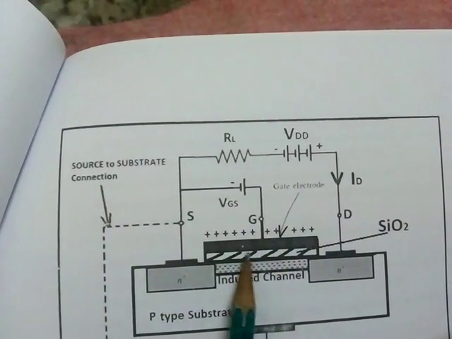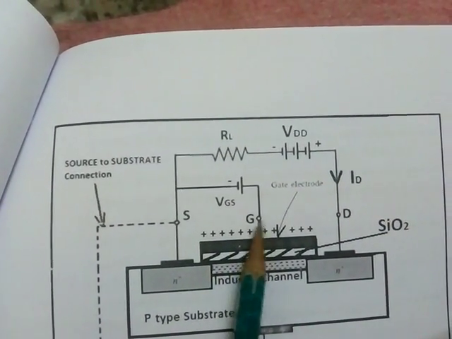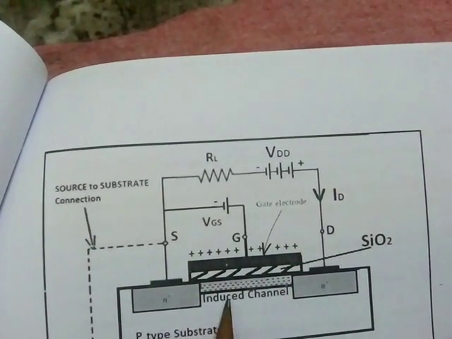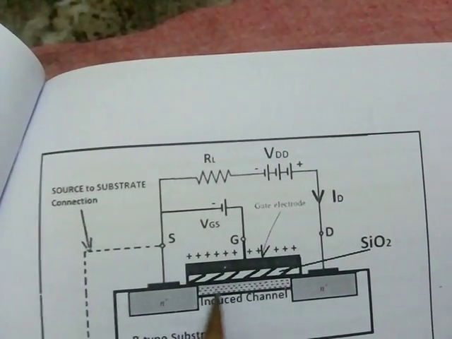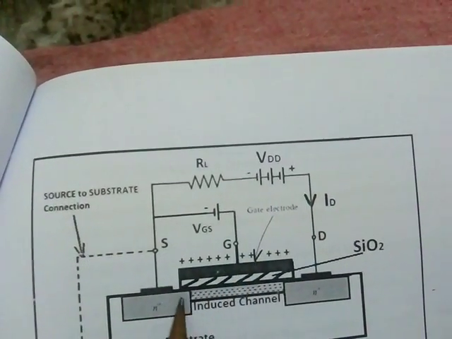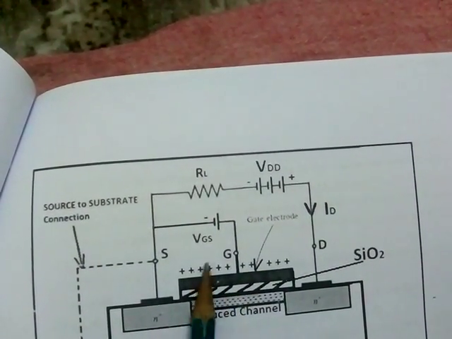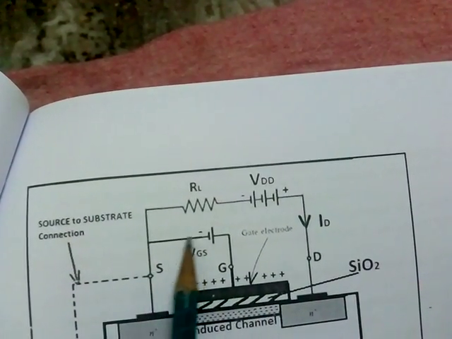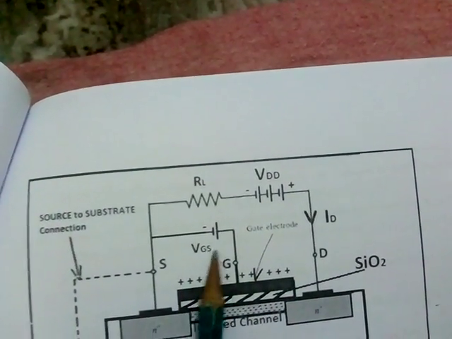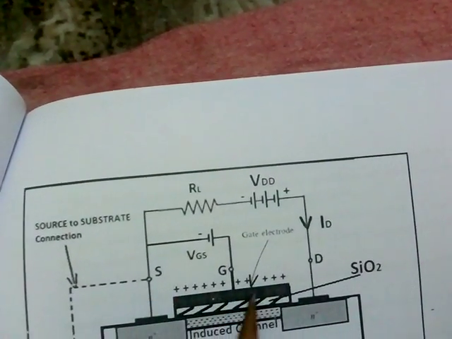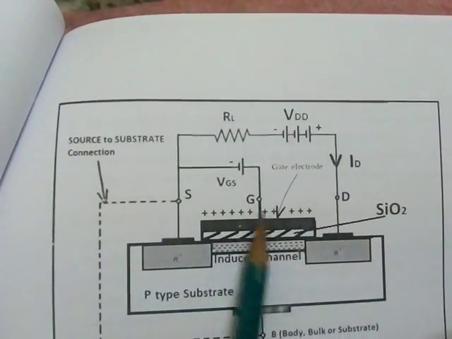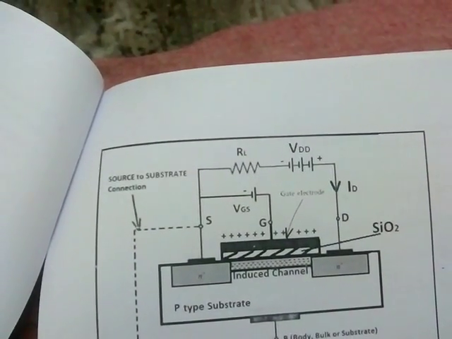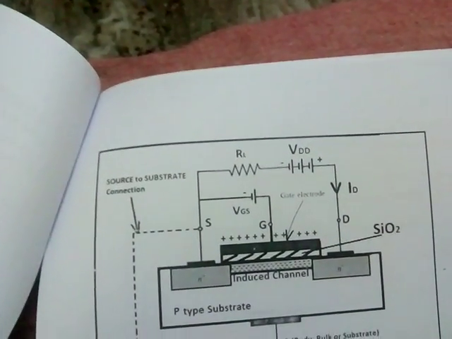Once the conduction takes place, the gate voltage is enough, because once the channel is formed, there is no need of current flow. Just for accumulation of charge, for that purpose only you need gate current, otherwise gate current will not flow. Hence this has lesser loss when compared to the BJT.